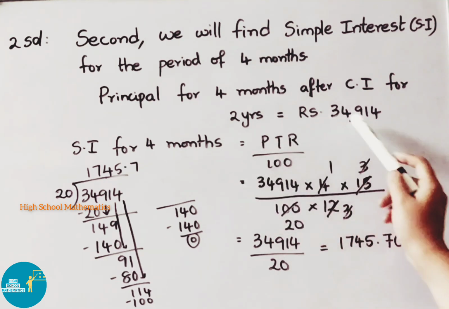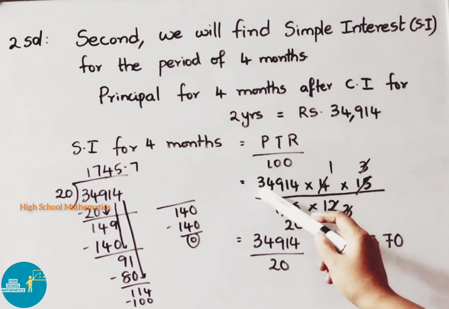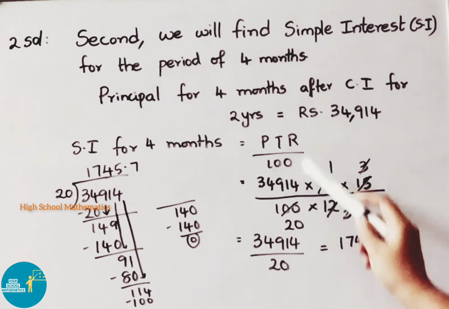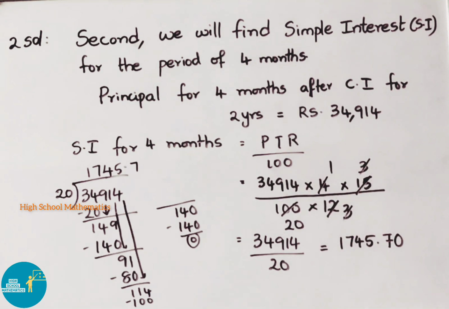The principal amount is 34,914 into the time period of 4 months. We know 1 year has 12 months, so we take 4 by 12 into the rate of interest 15 by 100.